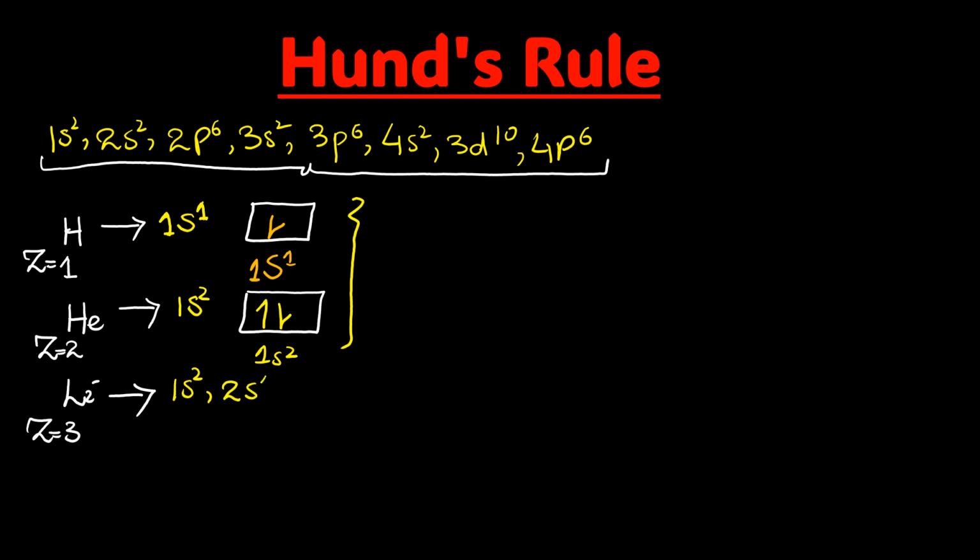One electron remains, so the 2s subshell will be filled with 1 electron. We can write it with a diagram: the 1s subshell will be filled by 2 electrons having opposite spin, whereas the 2s subshell will have only 1 electron. The electron could be either in spin up or spin down state, so we can write either.